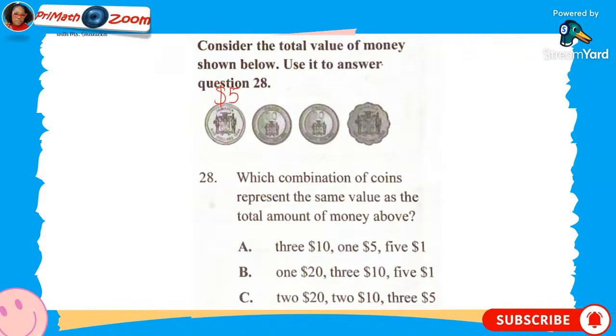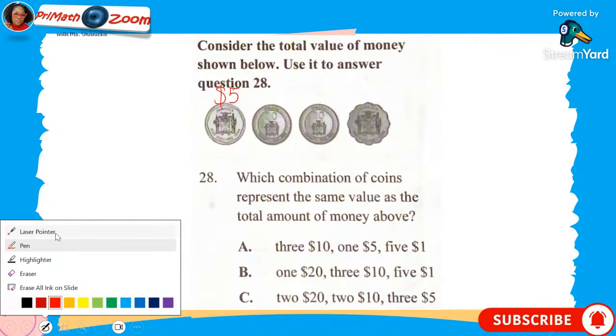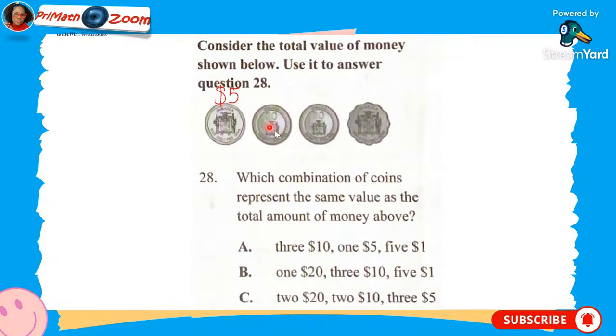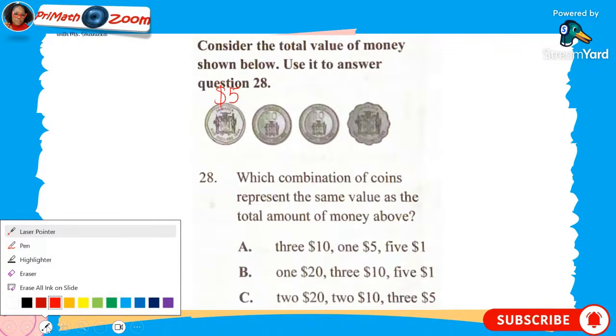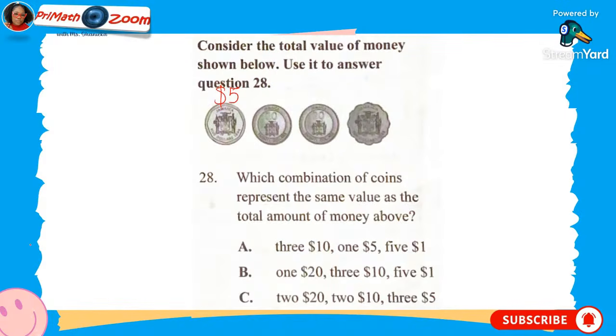What about this one? What about this coin? And what about this coin? These ones are what coins? What are these coins called? These are $20 coins. All right, so this here is a $20. This other one is a $20 coin. They're the same things. And what about the next coin? This one.